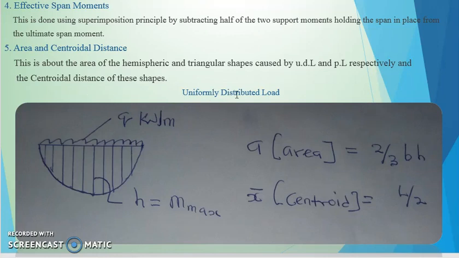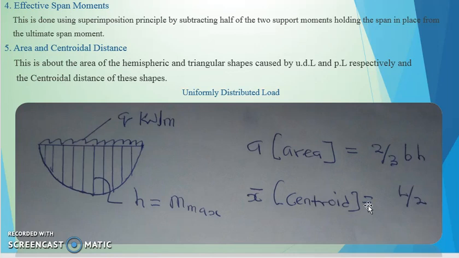As you can see, uniformly distributed loads usually generate this form of shape, hemispheric here, whereby this kilonewton per meter is the load employed on this span, which generates this effective span moment here, which is a maximum span moment, which is H. It can be taken as the height while you are calculating the area of this shape.